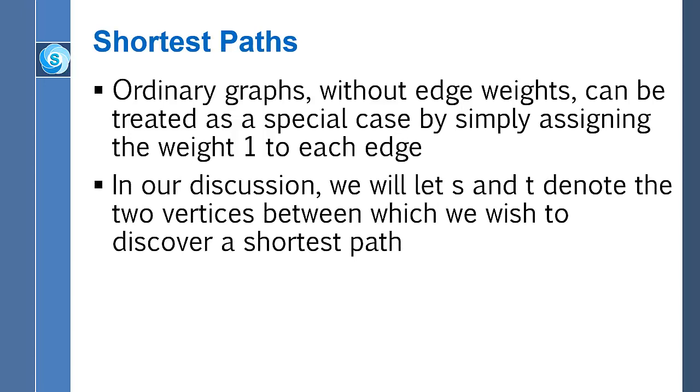Throughout our discussion, S and T are going to denote two particular vertices in the graph, and S is going to be the starting vertex for the path that we're trying to find, and T is going to be the vertex that we're trying to get to.